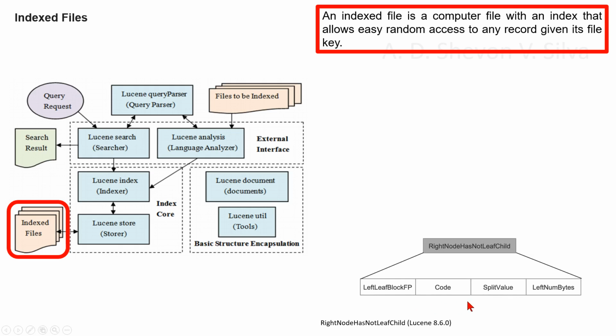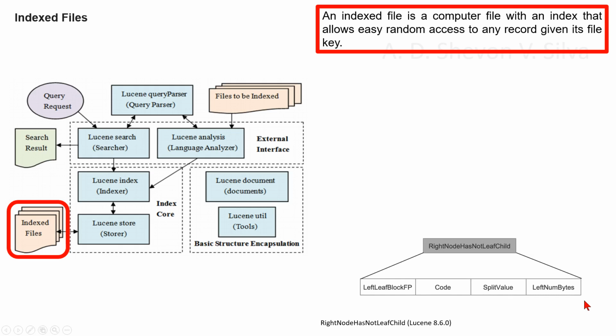Code describes the metadata about the inner node, such as split dimension and bytes per dimension, how many bytes each value in each dimension takes. Split value: in the stage of constructing a KD tree, the set of points in an inner node will be split into 2 subnodes according to the split value, which is a value of one of the dimensions.